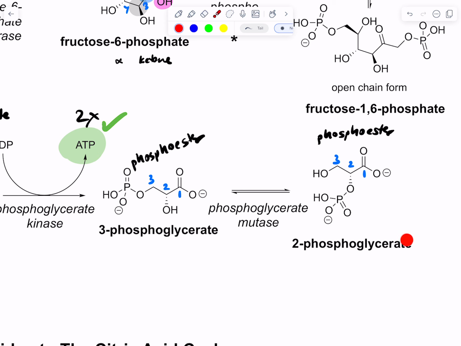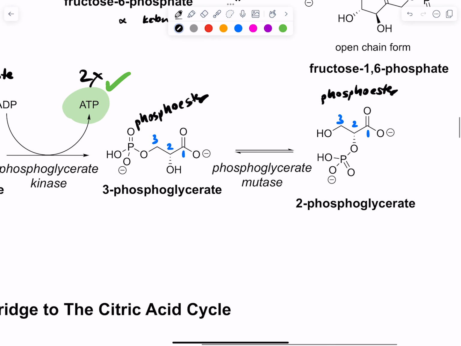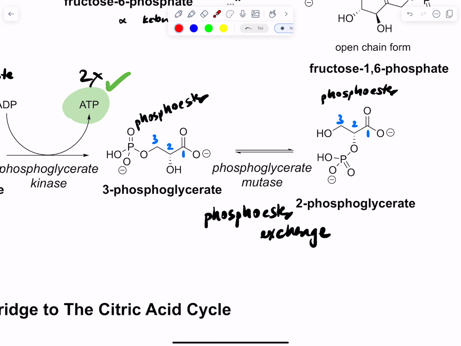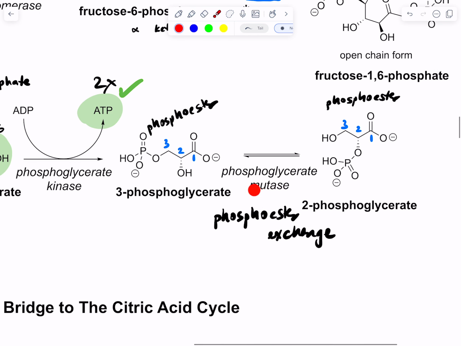The mechanism here, I'm not going to show you. It is known. It's not particularly important for what we want to do. I'm just going to describe it as phosphoester exchange. The enzyme that does this reaction, phosphoglycerate mutase, will actually put a new phosphate group on the 2-hydroxyl and then remove the old phosphate group from the 3-hydroxyl.